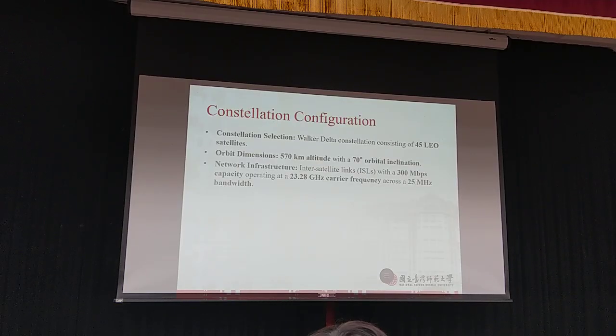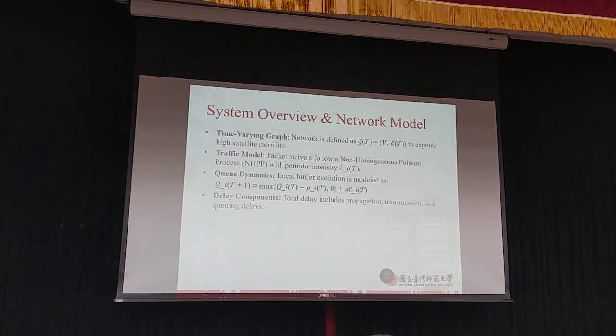For our simulation environment, we utilize a constellation consisting of 45 LEO satellites. And we define the network as the time-varying graph.